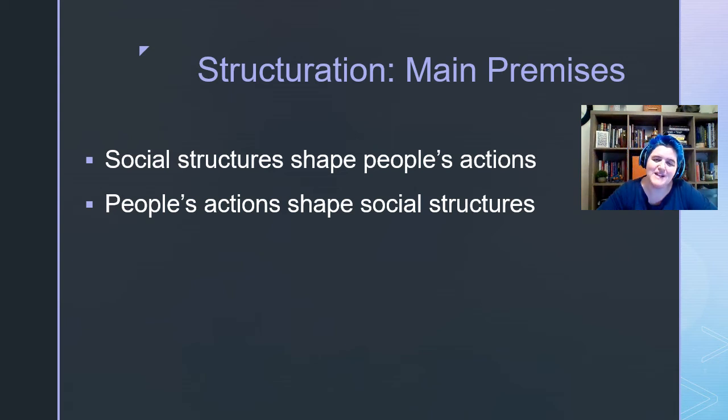We decide what is right and what is wrong as a collective, and we ourselves are acting on each other as part of society. And so social structures shape our actions, but we also shape the social structures around us.